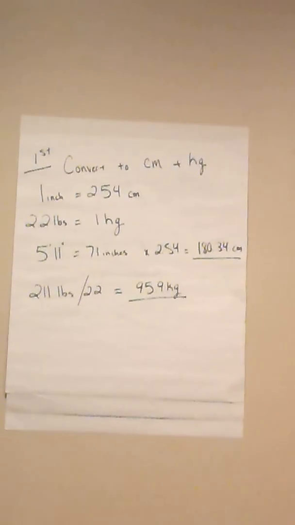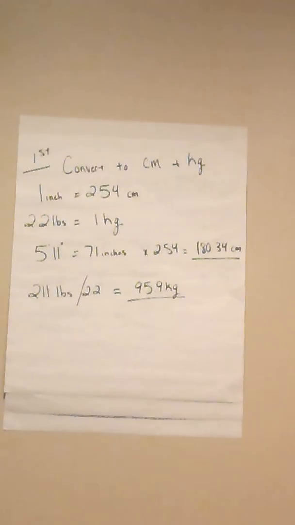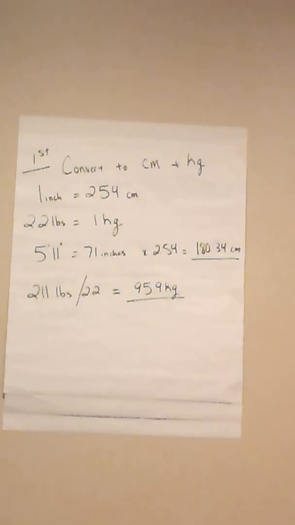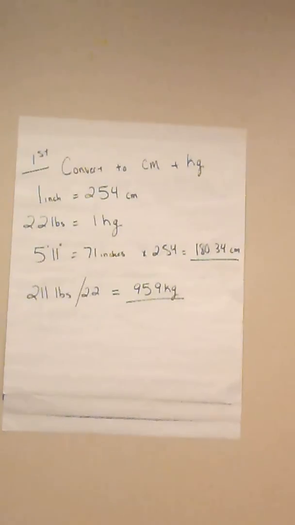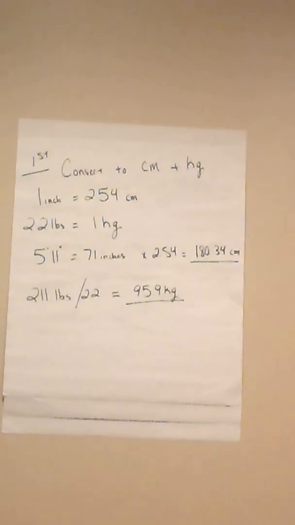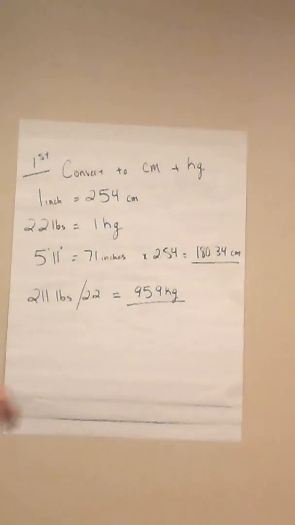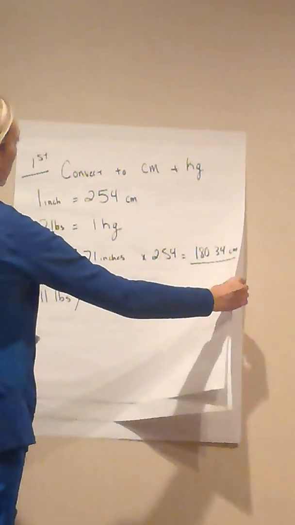So 5'11" is 71 inches times 2.54 equals 180.34 centimeters. Now for the weight, 211 pounds divided by 2.2 will give us the kilograms, which is 95.9 kilograms. Now we can figure out the BSA.